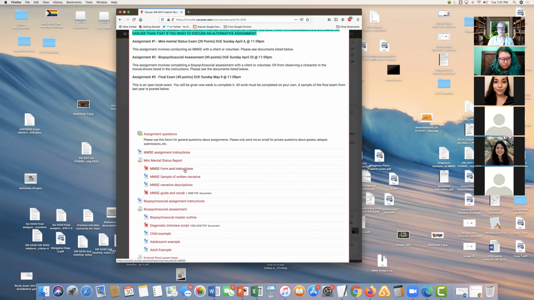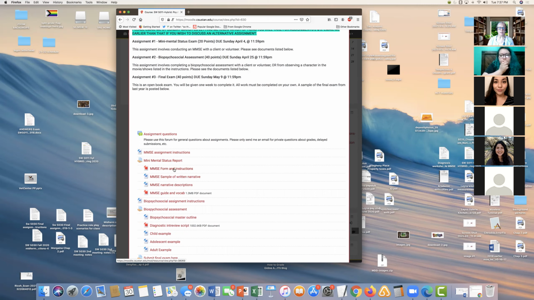Here's the form and instructions for using the form, a sample of the written narrative, some narrative descriptions. Sometimes I think it helps to have vocabulary about what to use, and then the guide and the vocabulary. So what you're going to do is upload 2 files to this Dropbox here.